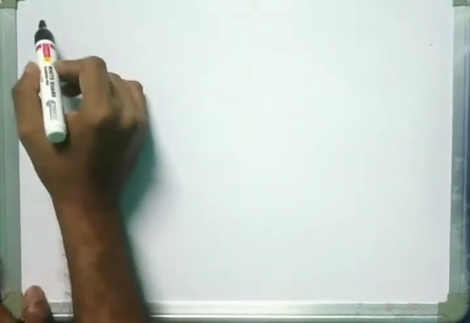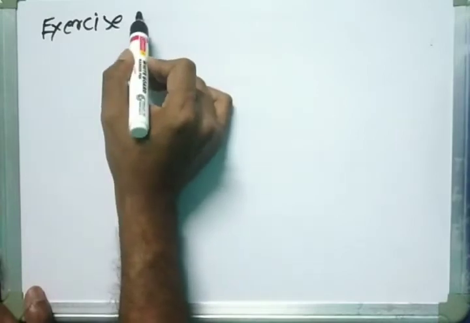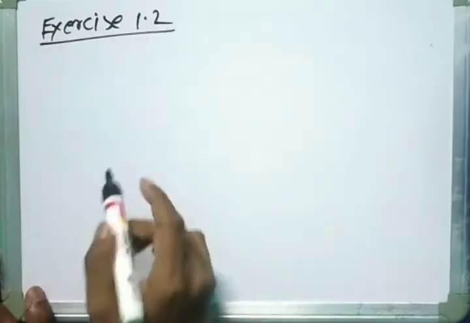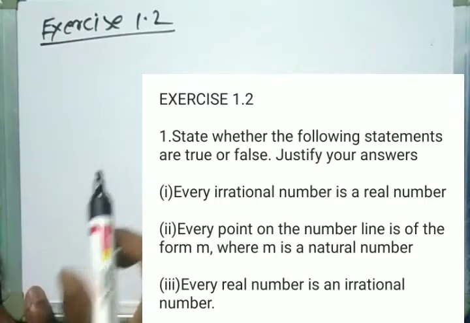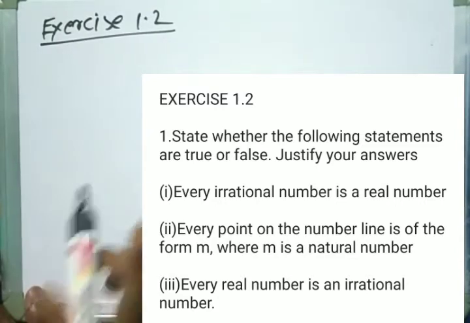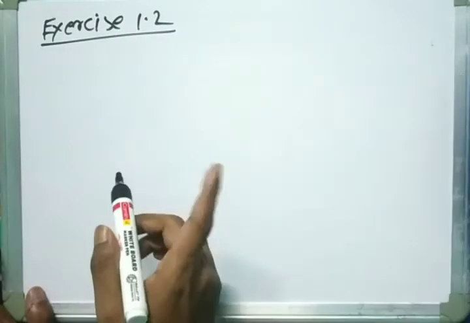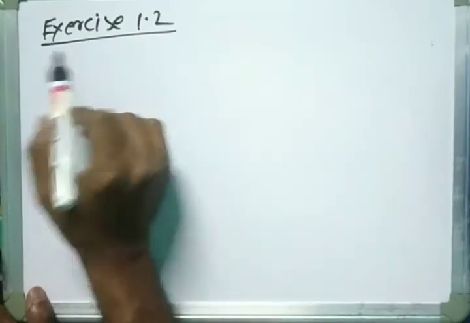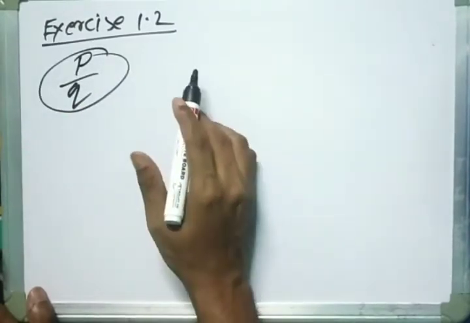So we'll do the exercises now, that is exercise 1.2. See the screen. First exercise: every irrational number is a real number. Every irrational number means which cannot be written in the form of p by q. So is every irrational number a real number?